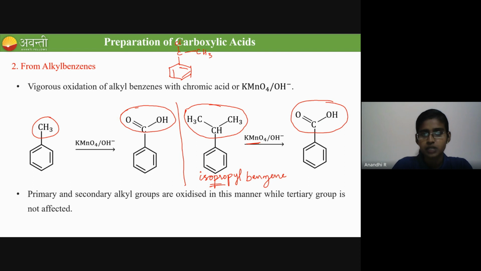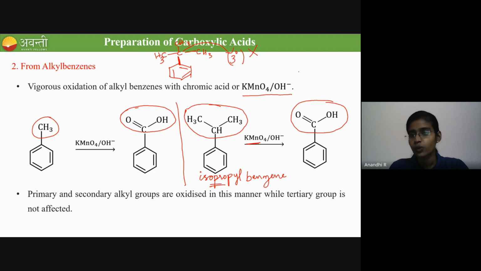What is a tertiary carbon? A carbon attached to three different alkyl groups is called a tertiary carbon. You see, this carbon is tertiary. The tertiary carbon attached to the phenyl ring cannot be oxidized to the carboxylic acid on treatment with KMnO4.